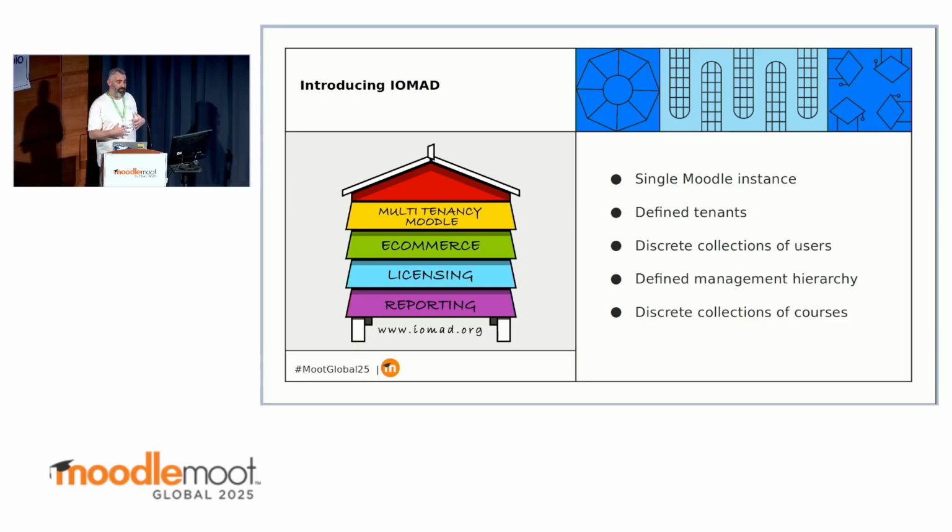So things like if a user is on one system and they're one tenant, they shouldn't be able to see the users of another tenant. If the courses are assigned to one tenant, they shouldn't be able to see the courses assigned to another tenant. What it does have, though, is this management hierarchy, so you have a corporate structure, and it allows for courses which can be tied to one tenant, two tenants, all the tenants, some tenants, none.